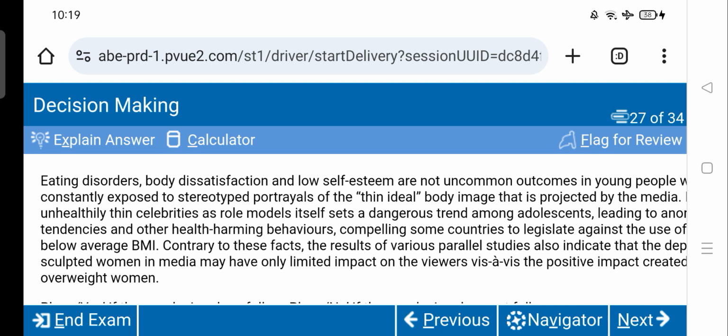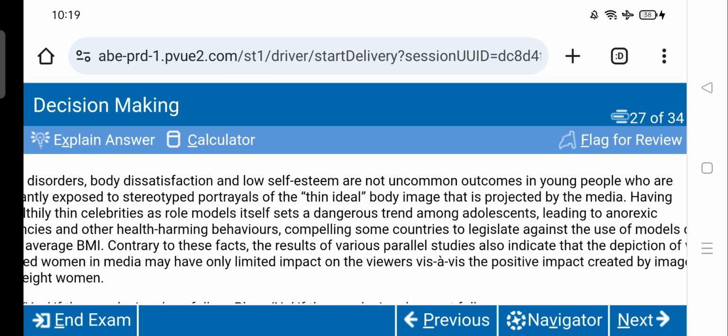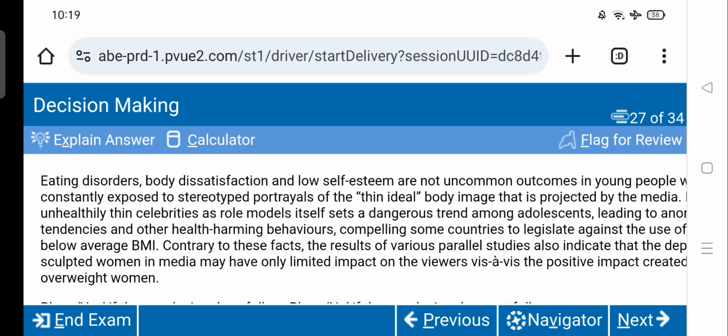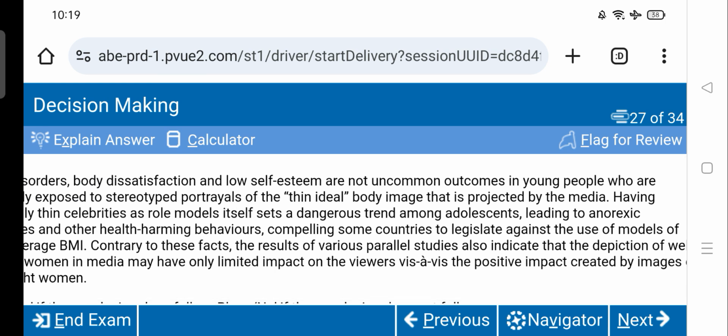Eating disorders, body dissatisfaction, and low self-esteem are not uncommon outcomes in young people who are constantly exposed to stereotyped portrayals of the thin ideal body image that is projected by the media.